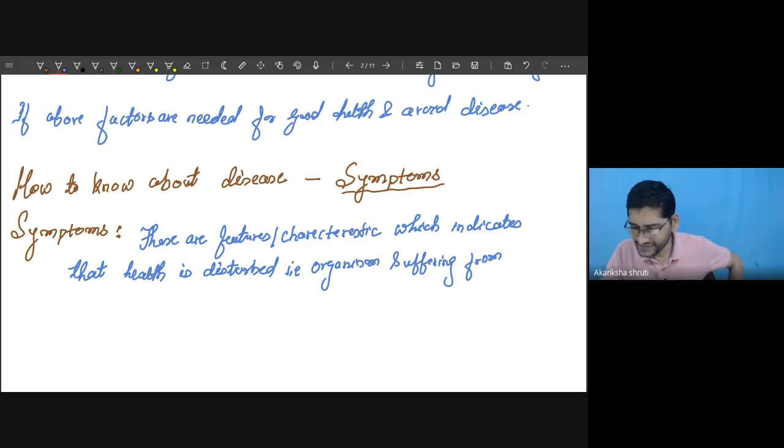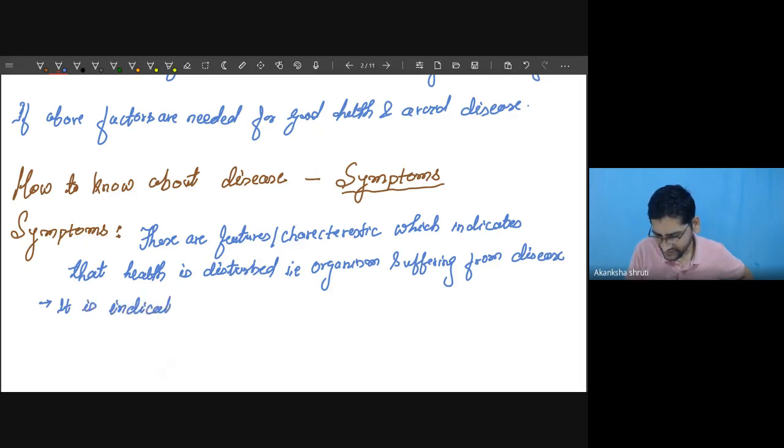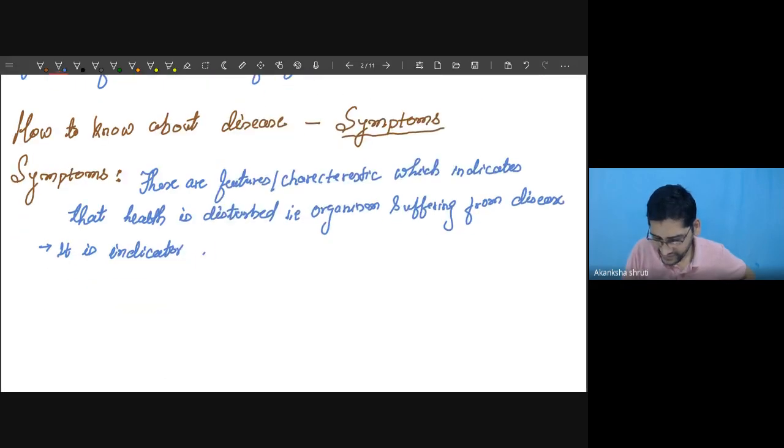So the indicator of disease is called a symptom. In simple words, it is an indicator of disease. But which disease is that? For pinpointing the exact type of disease the person is suffering from, it is determined by the pathological test.